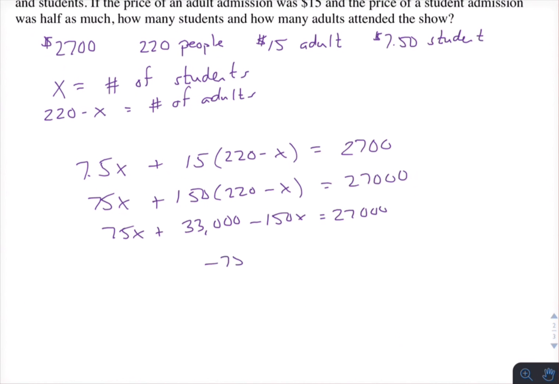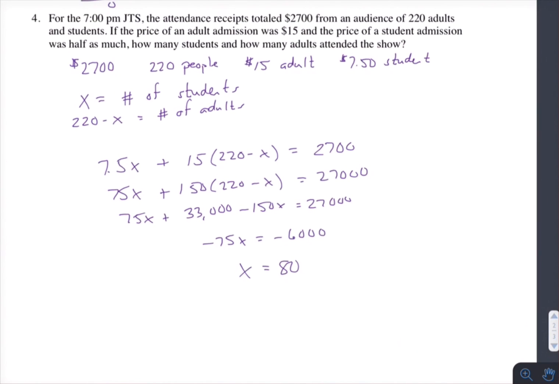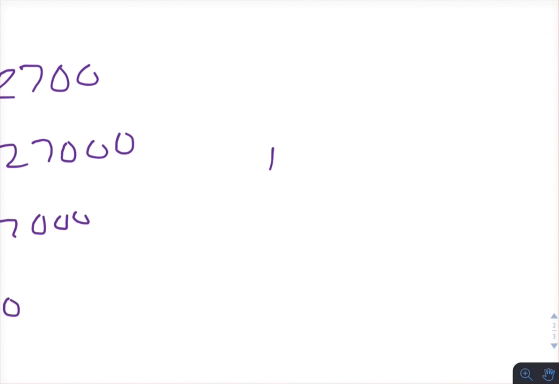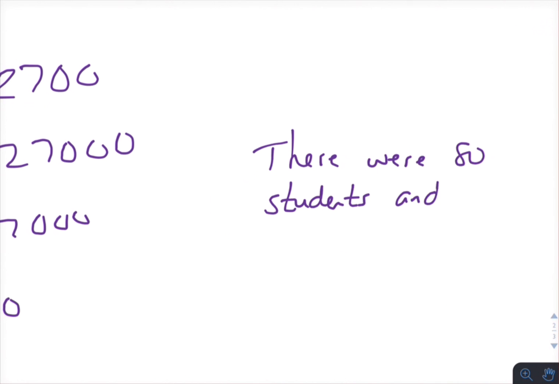So negative 75x equals negative 6,000. So x equals, what's that go in? That goes in 8 times, so that's 80. Remember that x was the number of students, so there were 80 students. And 220 minus 80 is the number of adults, so that will be 140.